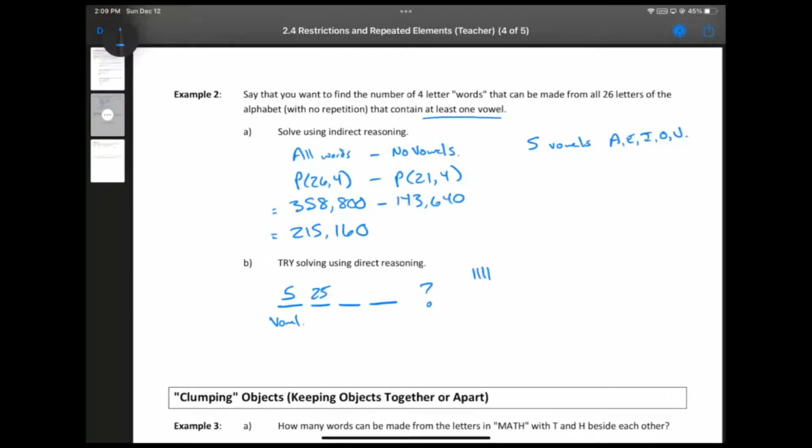But those 4 cases assume that I have exactly one vowel, not at least one vowel. I could also have vowels in the first and second spots, first and third, first and fourth, second and third, second and fourth, third and fourth, and then three vowels: first, second, third; first, second, fourth; first, third, fourth; second, third, fourth.